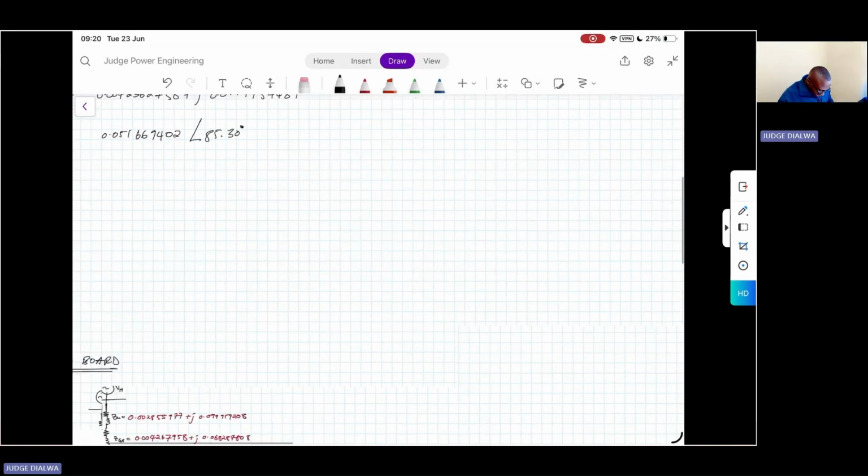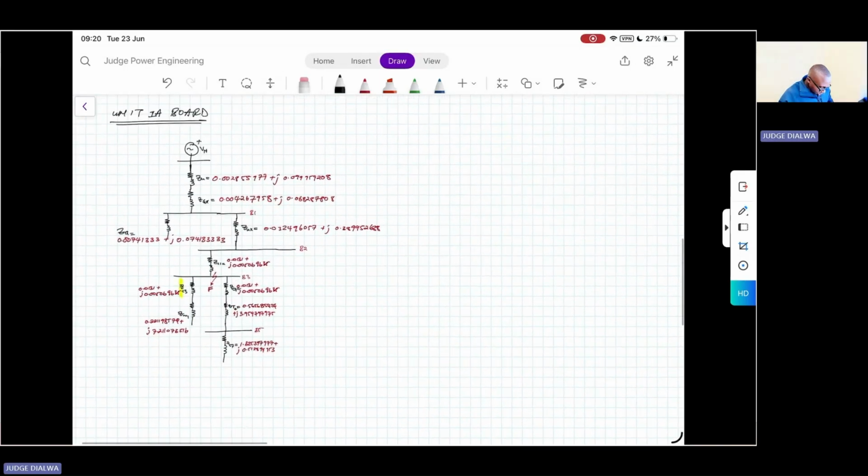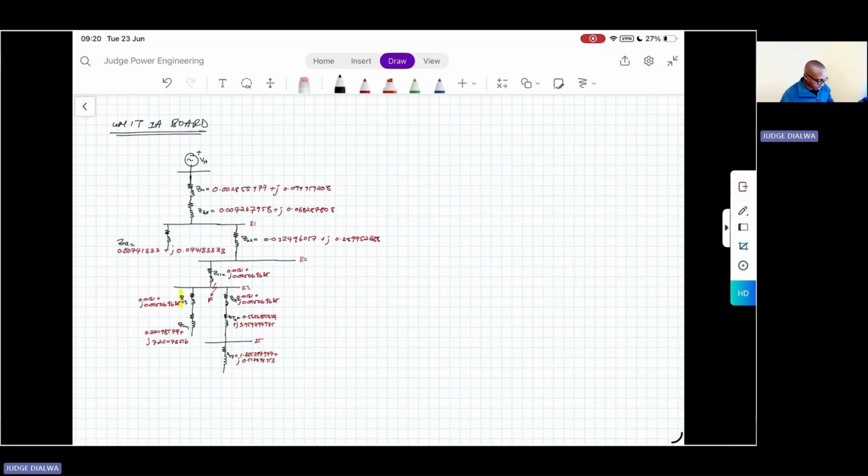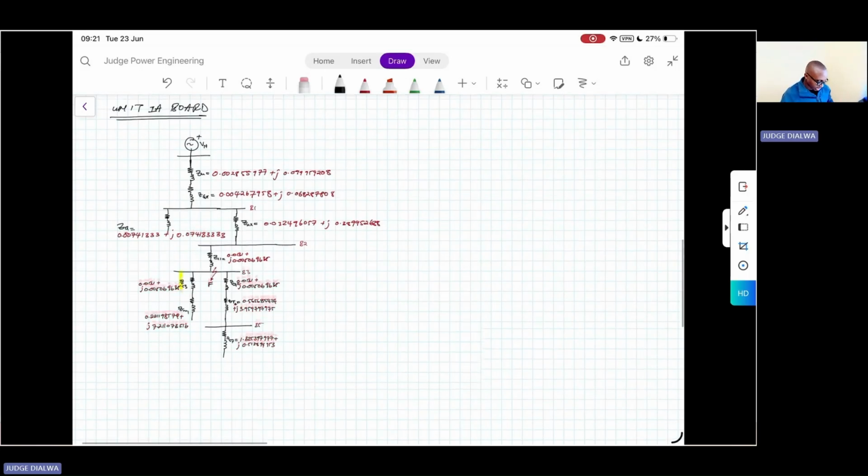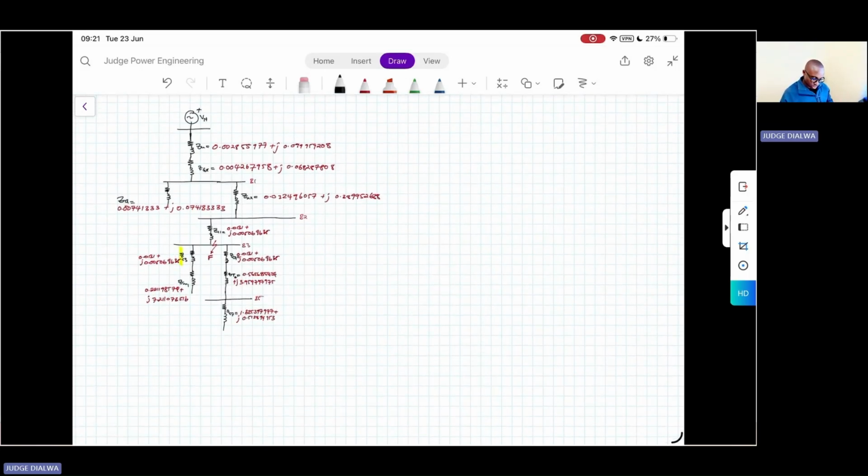Now let's take the last scenario before we compute the impedance of the entire network. Let us assume that a fault occurs at bus B3, which is our unit board A, a 6.6 kV rated bus. So what would then be the total impedance between the voltage source and the faulted point?